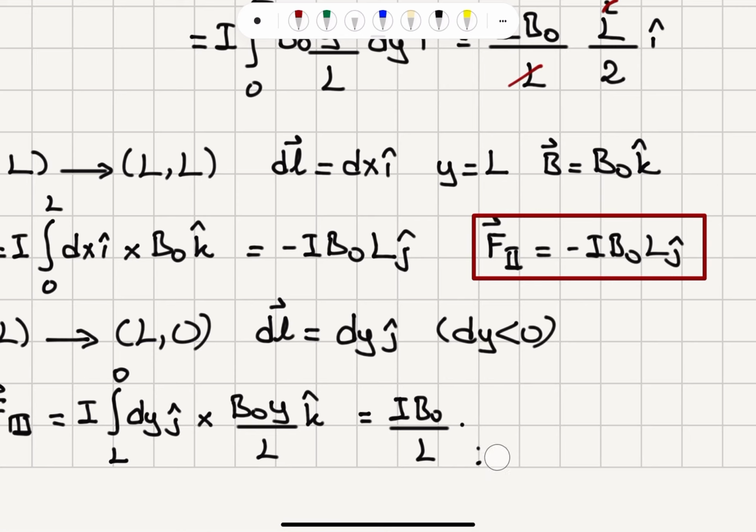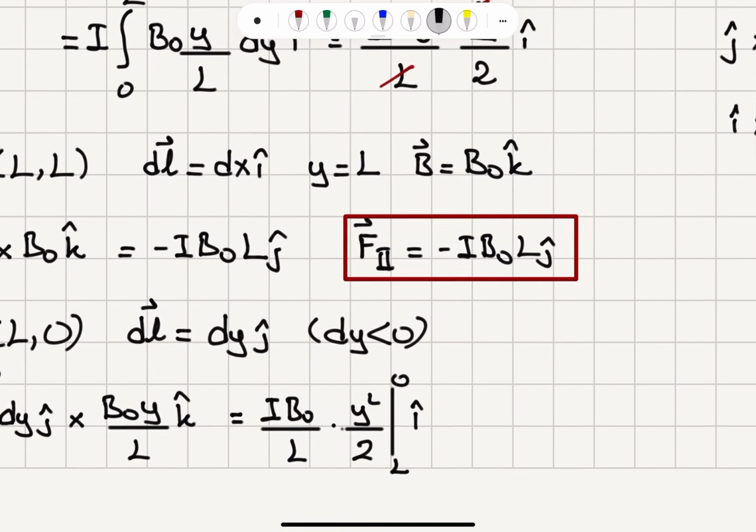So let's do that here. The integral gives me y squared over 2, which will be evaluated between L and 0. Evaluate at 0 is 0. Evaluate at L is L squared over 2. So 0 minus L squared over 2.